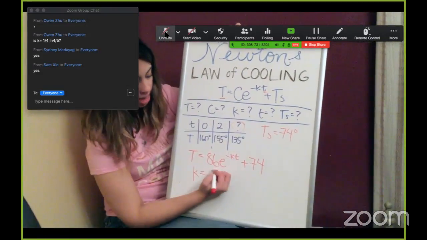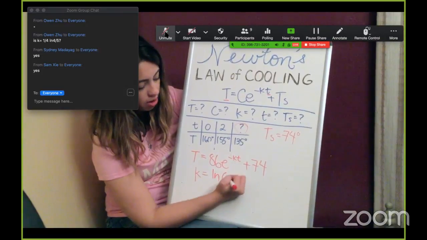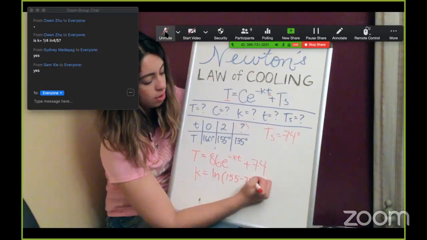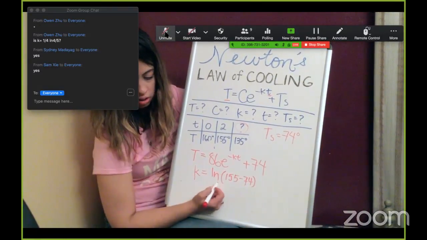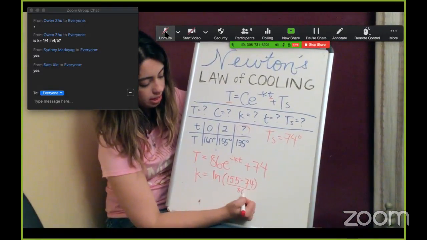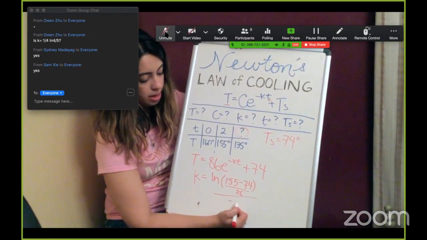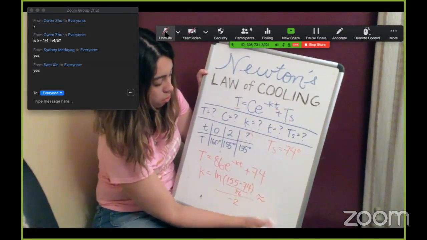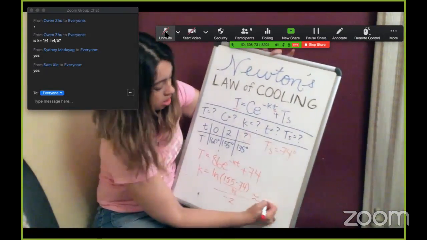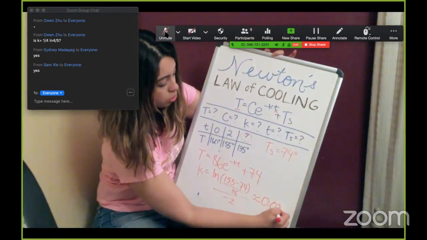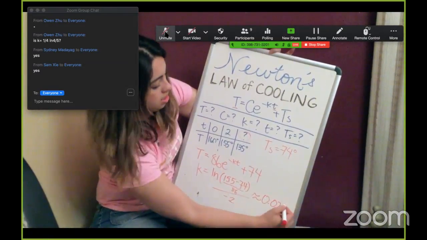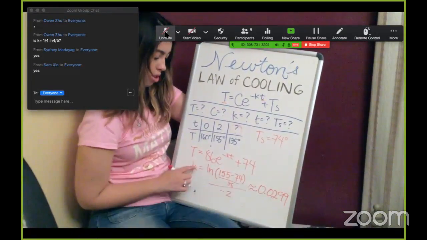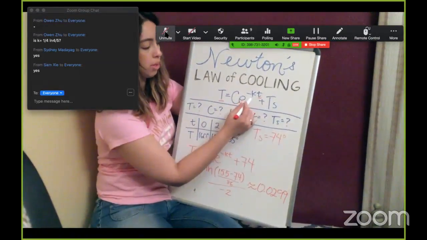And we'll find out that k is equal to ln of 155 minus 74, all divided by 86, and all divided by negative 2. So this would approximately be 0.0299, and that will be our value for k, which we will then plug in here.